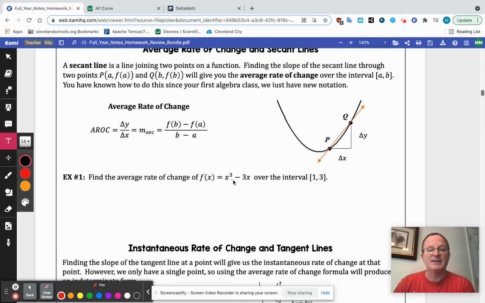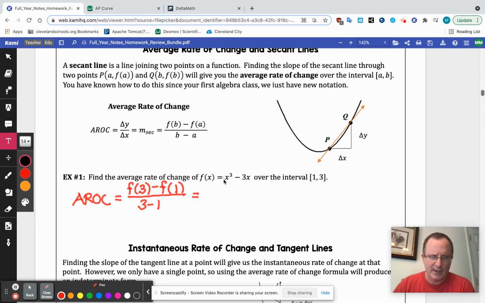Once again, we have an equation we're going to use, and we're going to substitute in. So the average rate of change is equal to, in this particular case, f(3) minus f(1) over 3 minus 1. Okay, so nothing new here. You've done this before, but we need to practice it again because it was the first lesson, and now we're back to it.